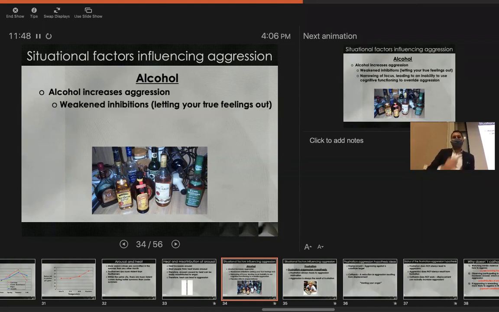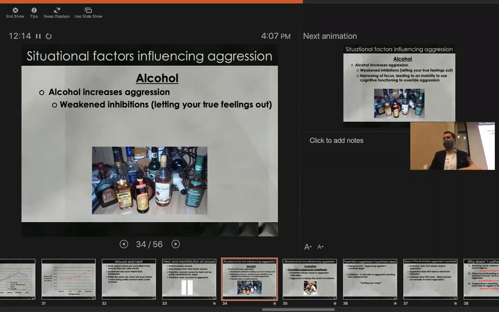So one reason is that alcohol tends to weaken people's inhibitions. What that means is that alcohol isn't necessarily leading people to become aggressive where they wouldn't have become aggressive before, but rather when we're sober, we are able to sort of inhibit our natural aggressive tendencies. So we know that if you're angry at someone, you can't just simply hit them whenever you want.